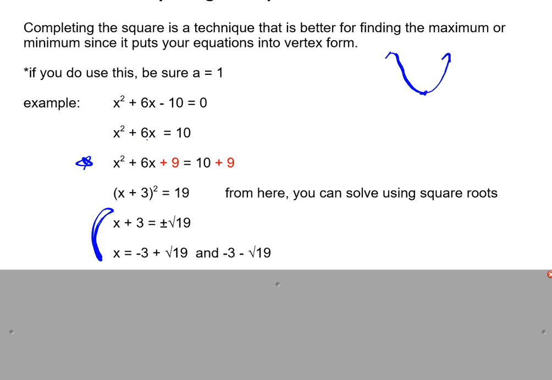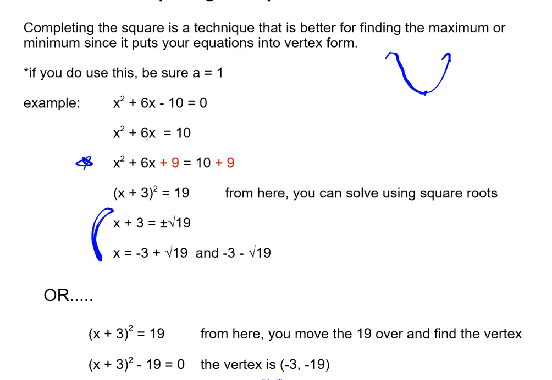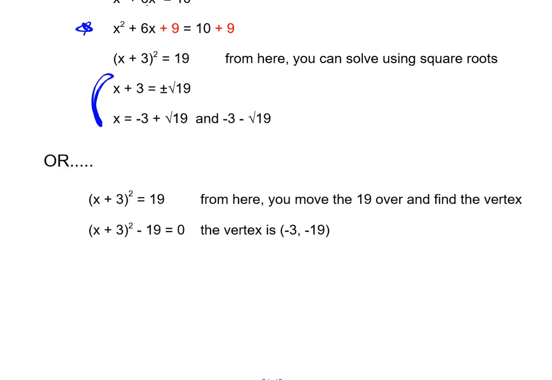If I was going to use this to find the minimum, which is where I think it has its value, then from that same spot, x plus 3 squared equals 19, move the 19 over, and you've got it in vertex form.